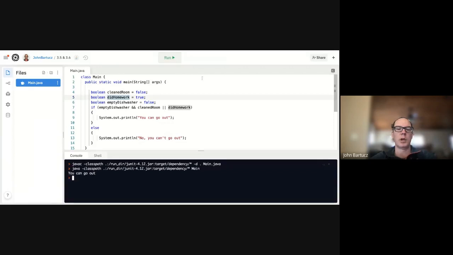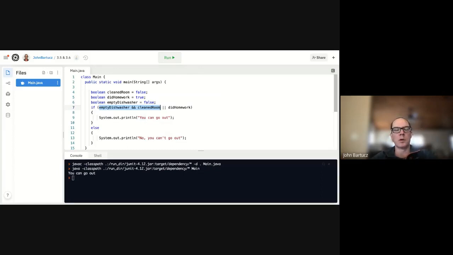Because even though this half of it is false, dishwasher and clean room is false. Those are stuck together in one. It's like you put parentheses around them. So and sticks things together really tightly, more than or.